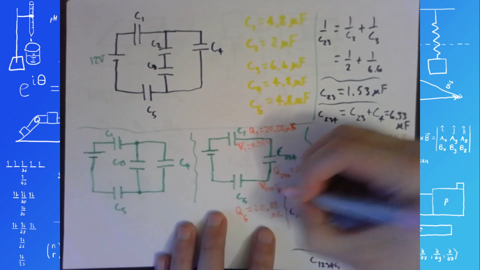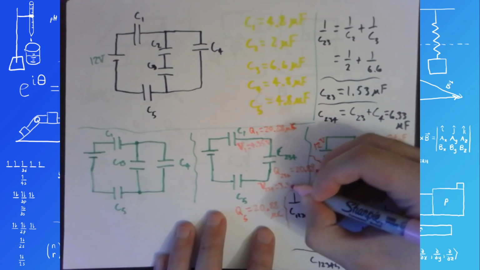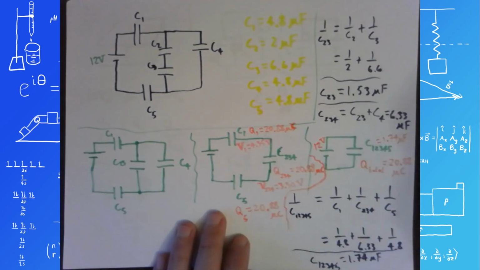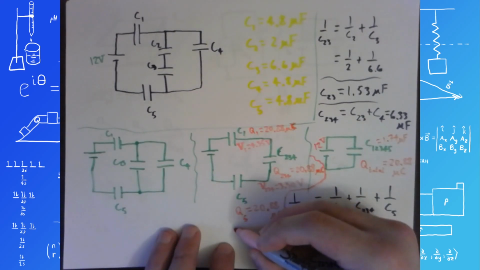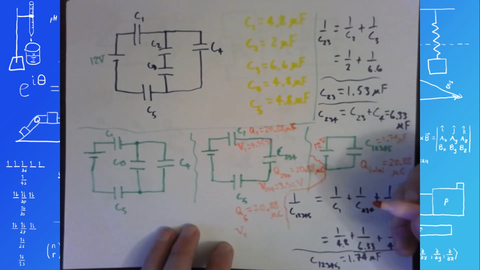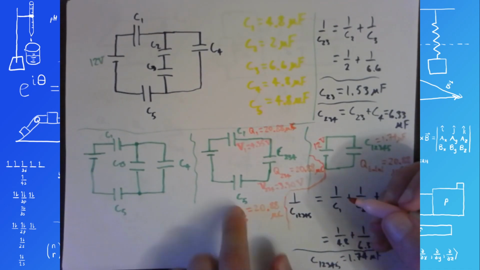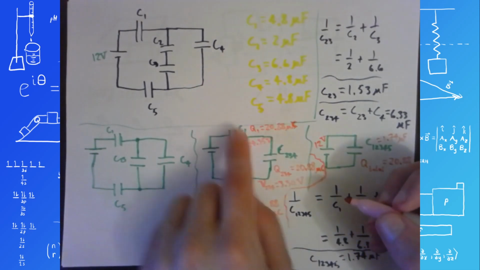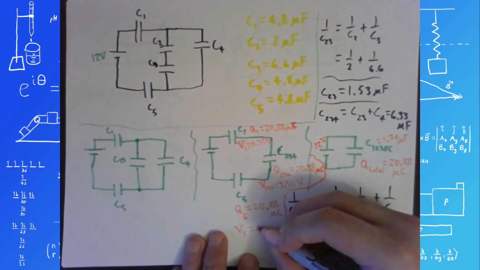V234 equals 3.30 volts. And then for V5, we're going to do Q over C again. 20.88 over C5, which was also 4.8. So actually we can just copy this one. It's just 4.35. No need to do the same calculation twice.